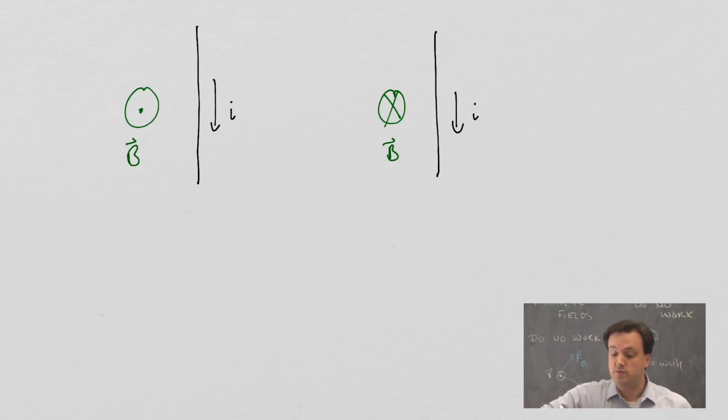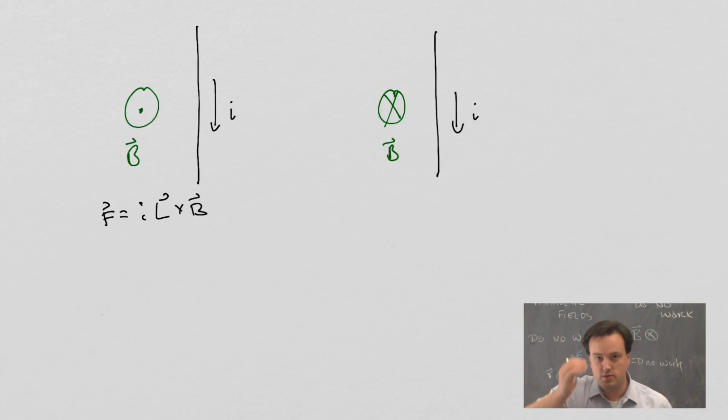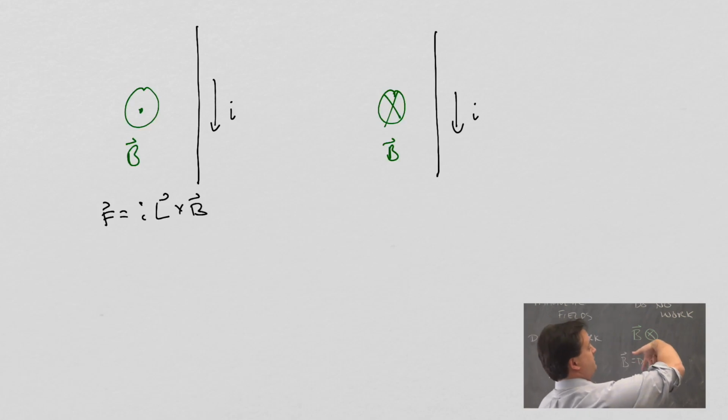So for the left one, I know that the force is going to be equal to I L cross B. Let's do the right hand rule. L is pointing downward because L is in the direction of the current. B is coming towards us, and therefore the magnetic force is going to be to the left.